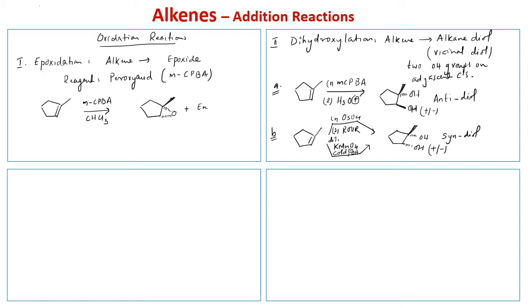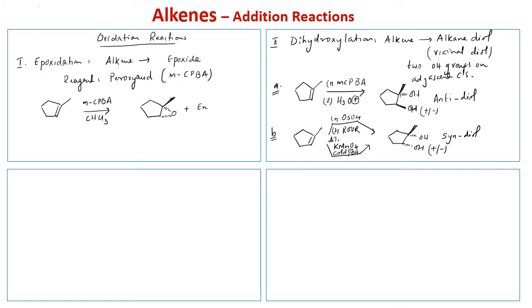So when you have some hydroxide, it still gives you the syn dihydroxylation product. So there are two ways of doing a dihydroxylation, and you would get an anti-diol or a syn diol depending on the reagents that you choose.